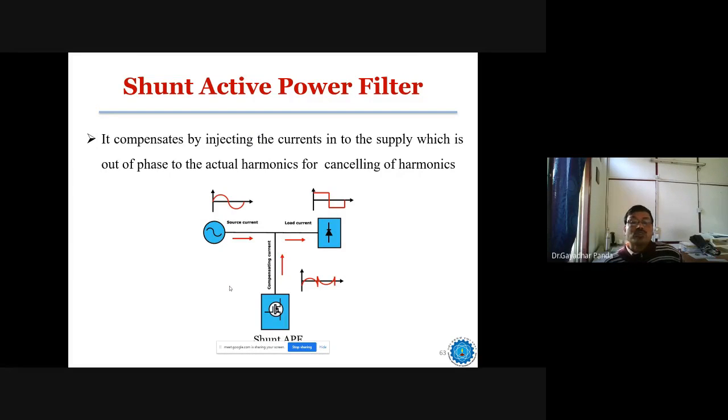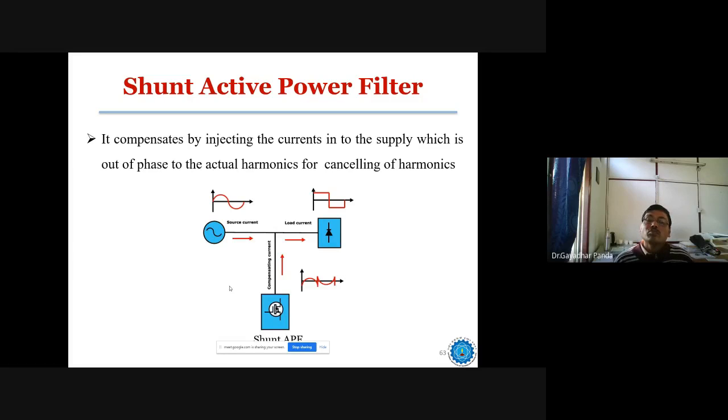Let your source be connected with a nonlinear load, and definitely the source voltage is sinusoidal. But what it is drawing, the current, is a nonlinear current because it depends on the load demand. As the nonlinear load is connected, it draws a nonlinear current.